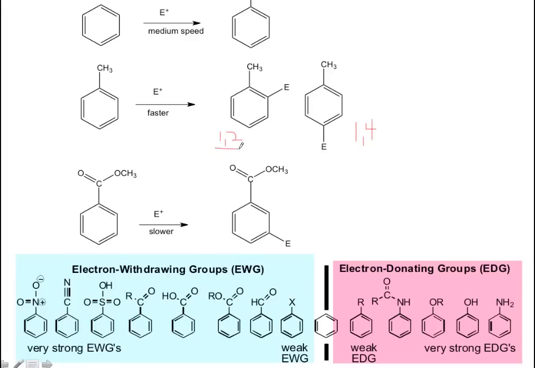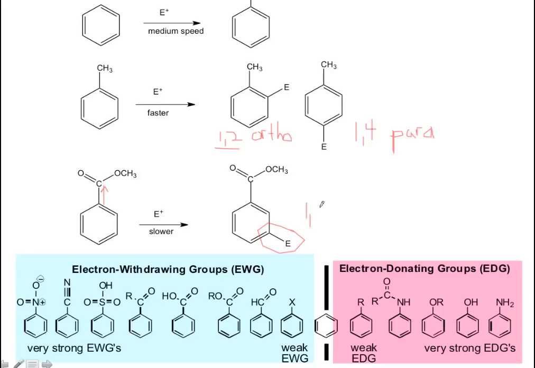Incidentally, the 1,2 products have another name. They are called ortho, and that means substitution on a benzene ring 1,2, or on adjacent carbon atoms. And the 1,4 product also has a name, para. And para means two groups that are 1, 2, 3, 4 from each other. We also find we get a very specific outcome with our electron withdrawing group. With our electron withdrawing group, we find that we get almost exclusively 1,3 product.